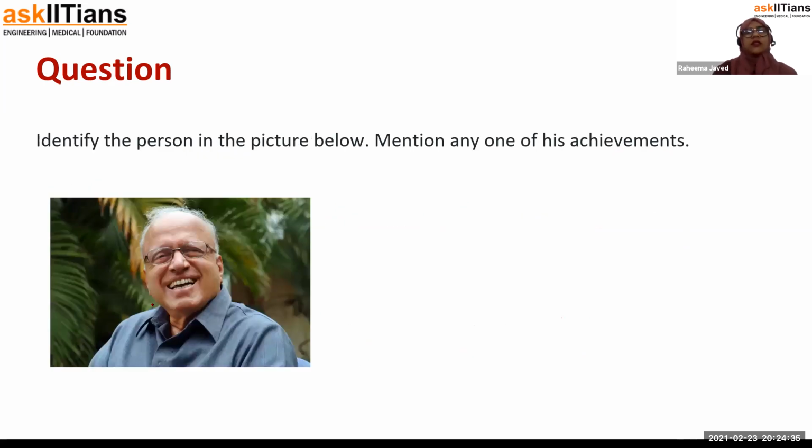So, you remember this person? Can you identify him? Of course, you can. And you have to mention any one of his achievements. You are absolutely correct. He is M.S. Swaminathan. I'm not going to go into his full name, because it is difficult, obviously. But yes, his achievements are not difficult.